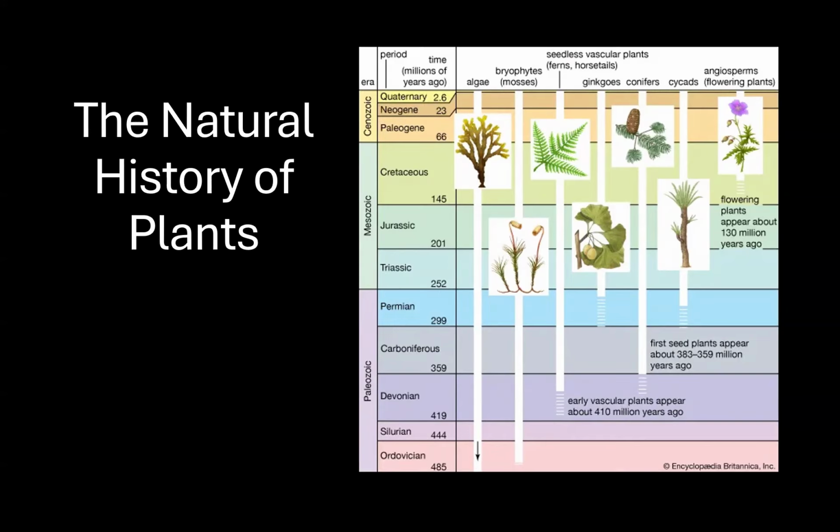Things like your ferns are a really perfect example of very old vascular plants that have somehow survived over millions of years, and we still have many modern ancestors today. So, that's pretty brilliant.